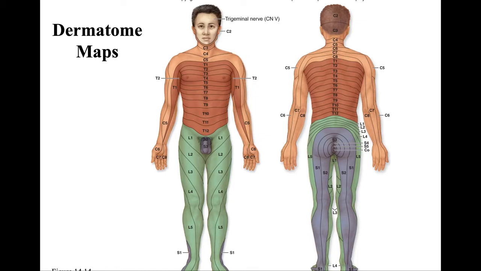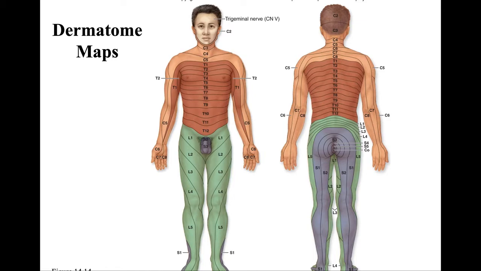Now, why is that an important fact? Let's say I am scraping right here, and the patient says, I feel nothing. Well, if there's no feeling when I scrape on L3, one possibility is that the sensory nerve or sensory neuron that goes to the spinal cord may be burned out or damaged. That'd be the first portion.